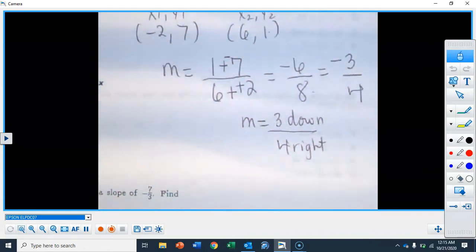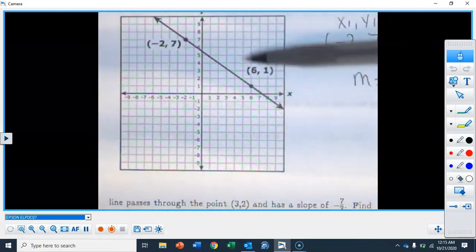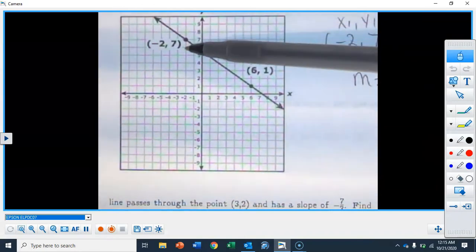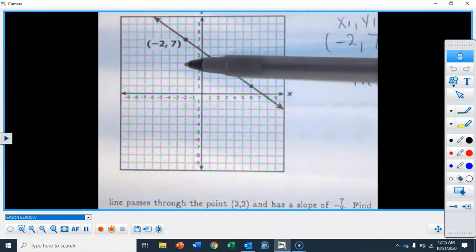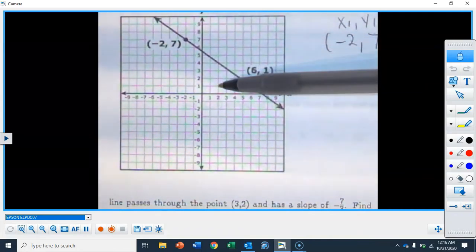And then let's see if that's true on the graph. So if we go to this point and we want to get over to here, well, here's the interesting thing. We're going to go down 3, 1, 2, 3, and then 4 to the right, 1, 2, 3, and then boom, I do touch the line. Let's do the address again. Down 3, 4 to the right, and boom.